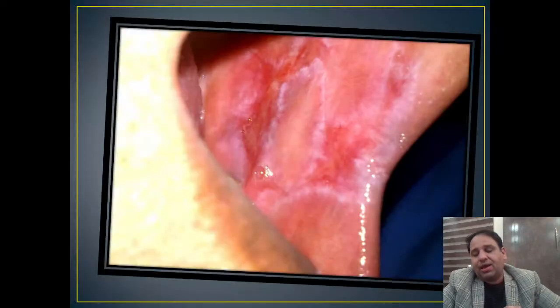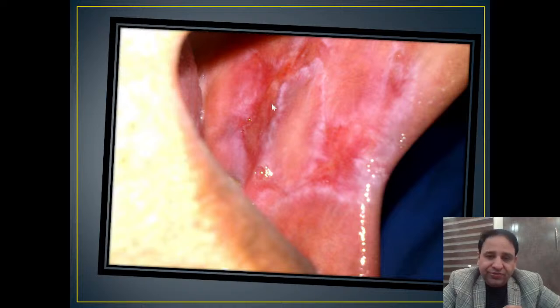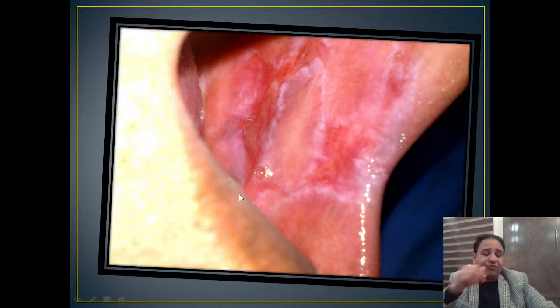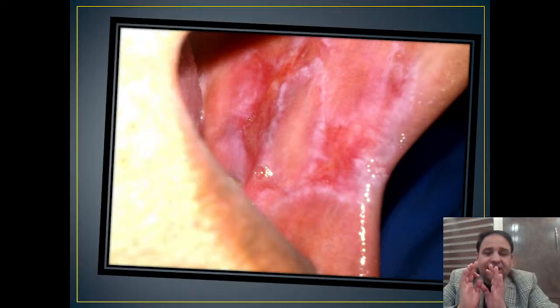This is the first slide I am going to show you. In this first slide, what lesion do we see? If you look carefully, we see erosive lichen planus. Just listen to me carefully for 5 minutes, students; I'll finish the class very soon.